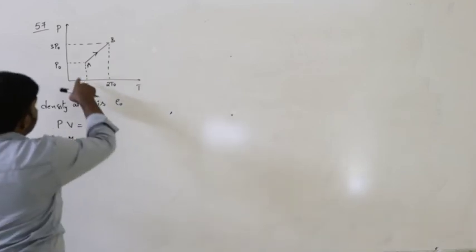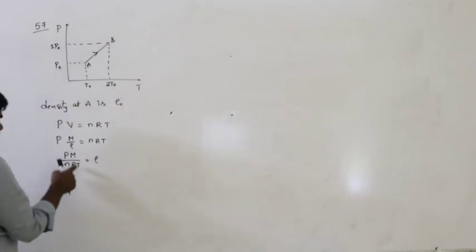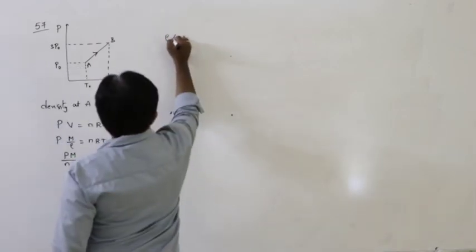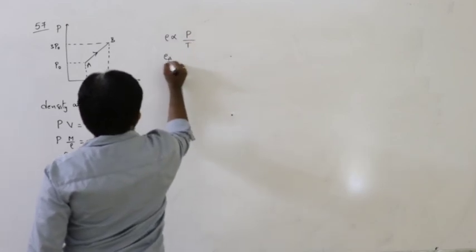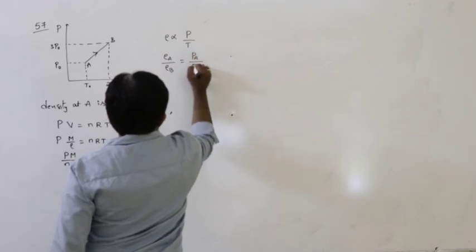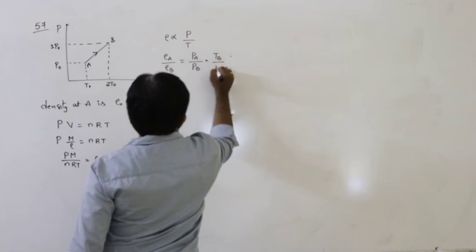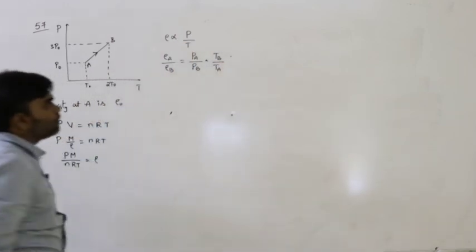So what are the variables here? Pressure and temperature. Mass remains constant, number of moles constant, R also constant. So we can write rho proportional to P by T. Rho at the point A divided by rho at the point B is equal to pressure at the point A divided by pressure at the point B, and temperature at the point B divided by temperature at the point A, because temperature is inversely proportional here.